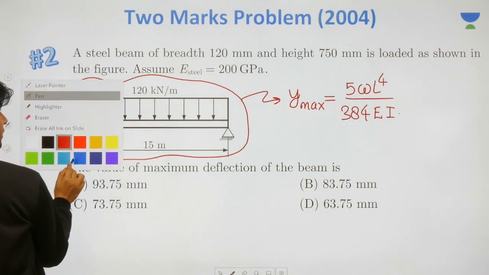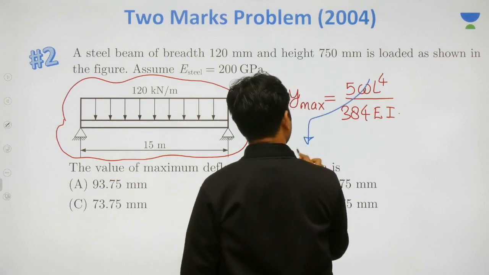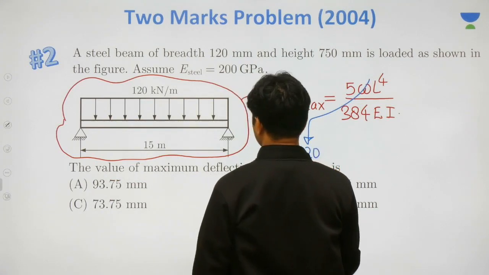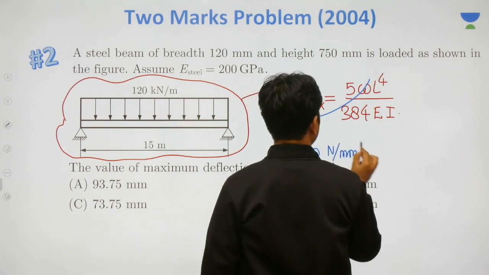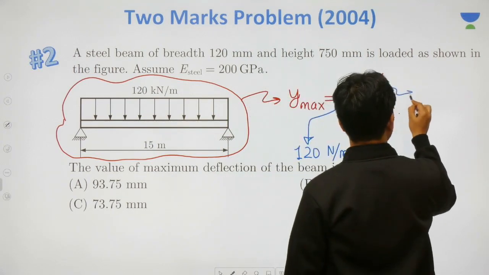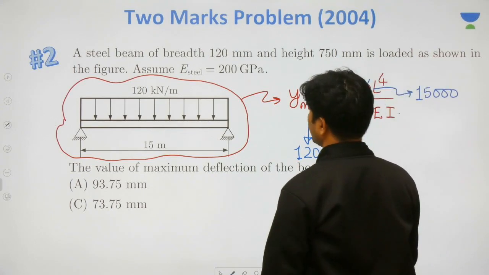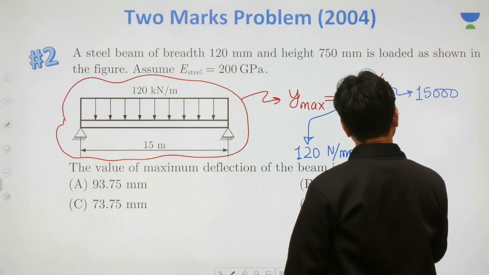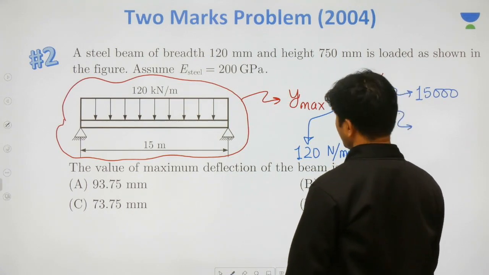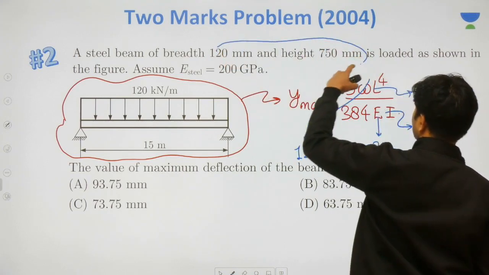My dear friends, we have omega value given to us as 120 kilonewton per meter. So this will become Newton per mm. Length of the beam is 15,000 mm. Elasticity is given as 200 into 10 raised to 3 megapascal, and moment of inertia, width and depth both are given to you.